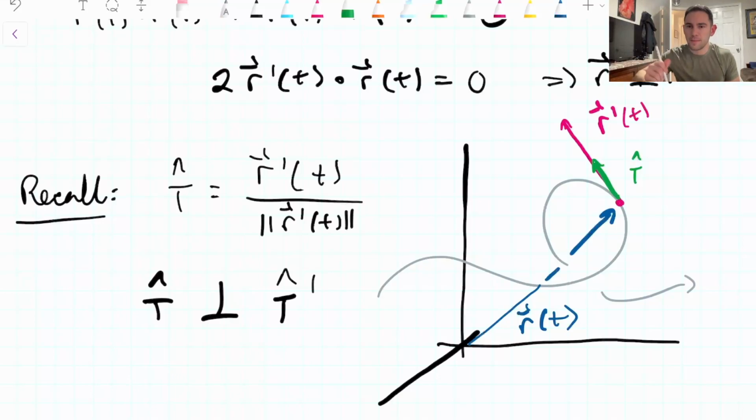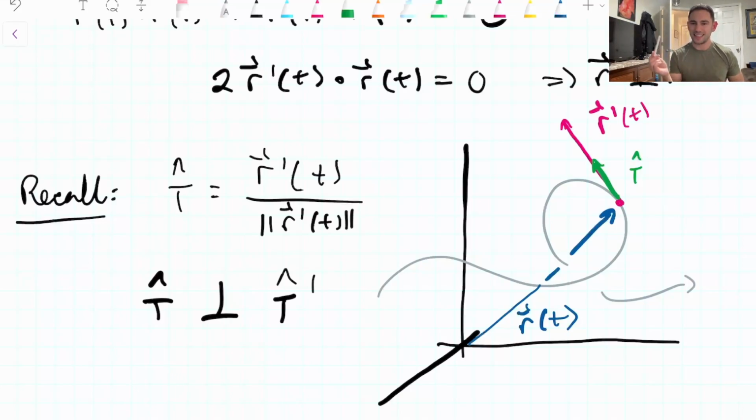Of course, if I imagine all the vectors perpendicular to t hat, they form a whole plane. That was our definition of the plane, right? The set of all points perpendicular to a given vector. But what I'd like to argue to you is that the only obvious place to put t hat prime is perpendicular to t hat in the direction into which it's curving. Right?